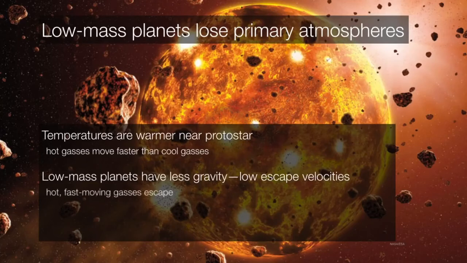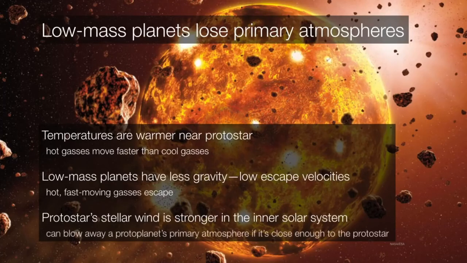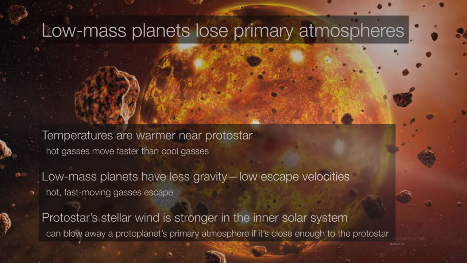Remember, the hotter they are, the faster they're going to be moving. And they're also closer to the protosun. That means that there's a stronger stellar wind coming from the protosun, which just makes it that much harder for these lightweight volatiles to stick to the protoplanets. So any protoplanetary atmosphere of the inner solar system is just going to be blown away by the sun.